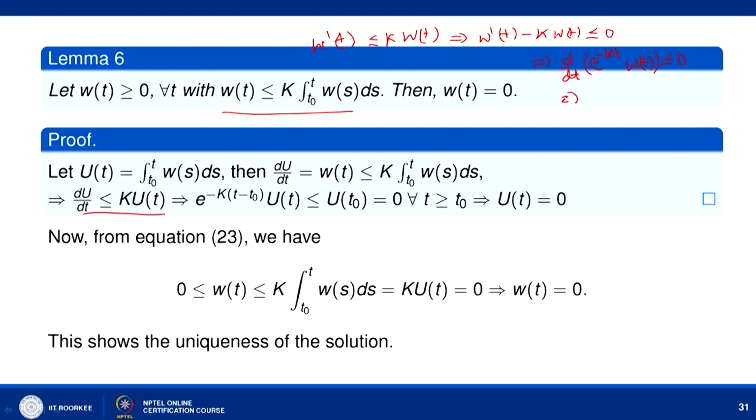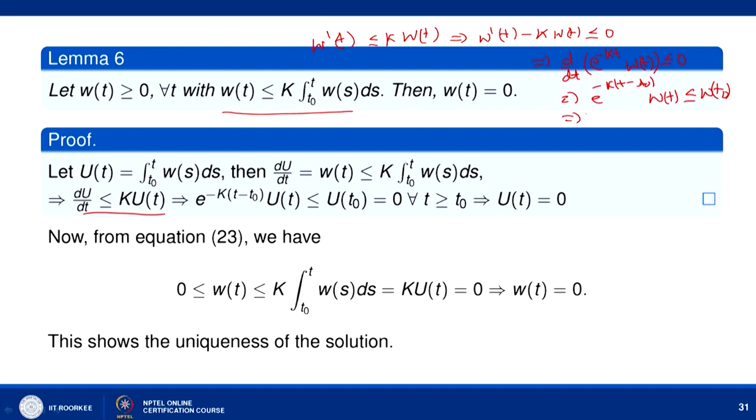If we integrate from t0 to t, we can write e^(−k(t − t0)) w(t) less than or equal to w(t0), and we already know that this w(t0) is 0, because we have just calculated here that w(t0) is 0.